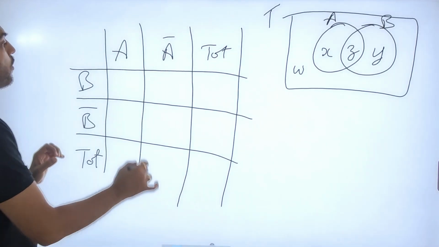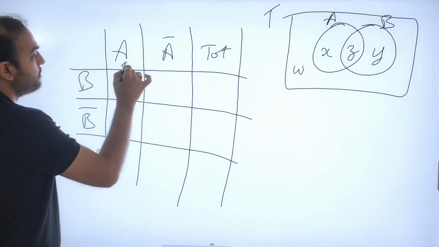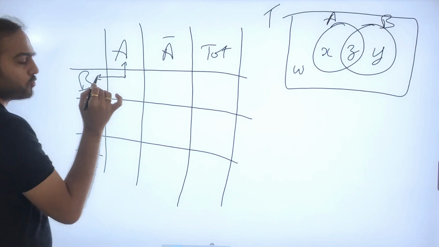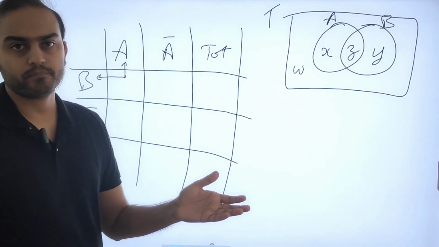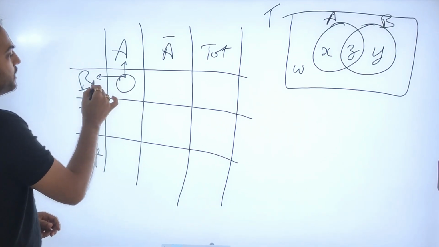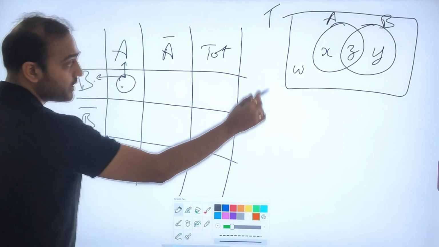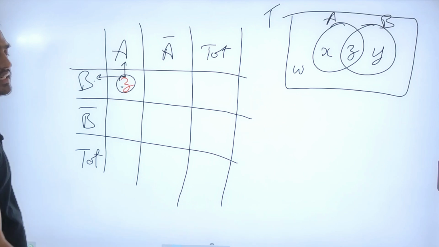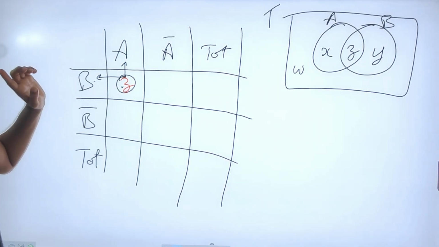What each element here means is it belongs to the column and the row. The way you read any matrix, you read row versus column. So the value here basically means it belongs to B and belongs to A. From your Venn diagram, this means Z because it belongs to both B and A.